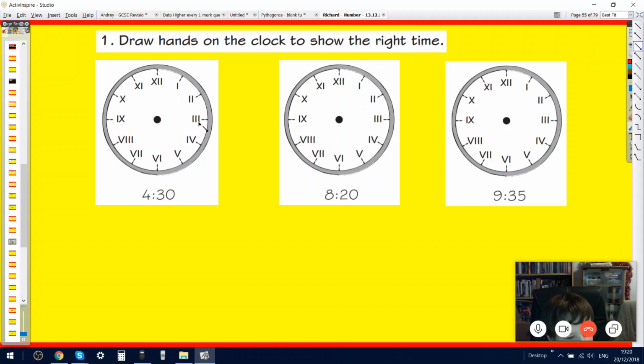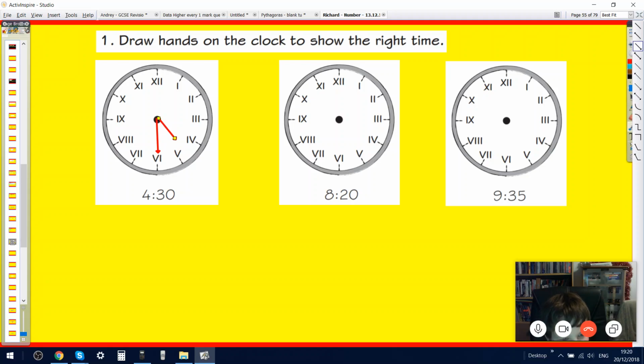Oh no, not the 4, the 6. And then the hour hand would need to be pointing between the 4 and the 5. Yes, and it would be exactly halfway between them because it's exactly half 4.